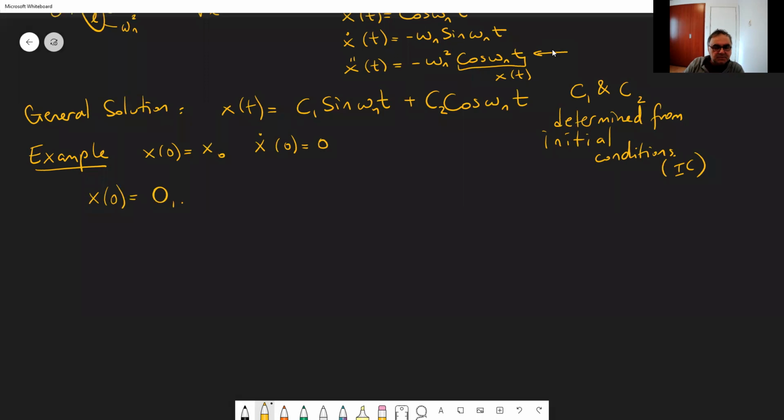C1 times sine omega n t, when t is 0, this is 0. C1 times 0 plus C2 times cosine omega n 0, which is 1. C2 times 1 is equal to x0. This is our initial condition. X of 0 is x0, so C2 times 1 is x0. So C2 is x0.